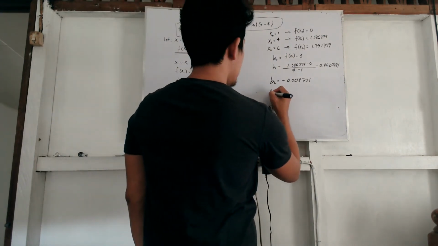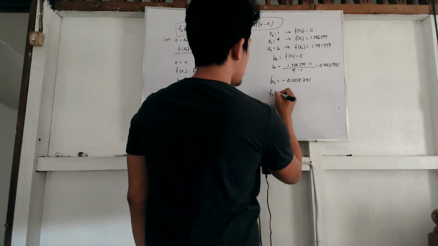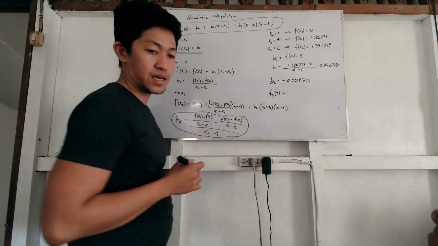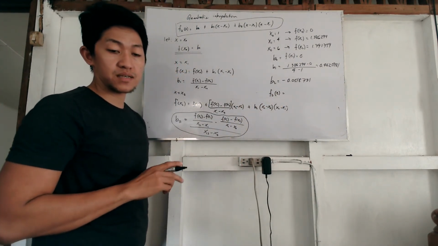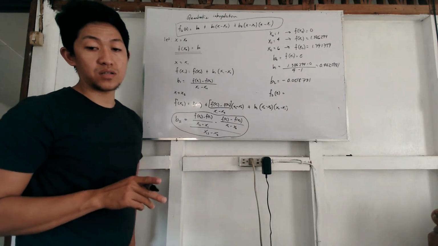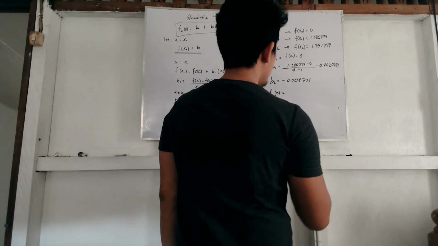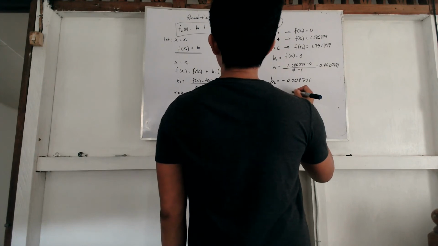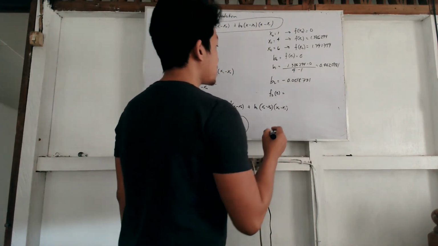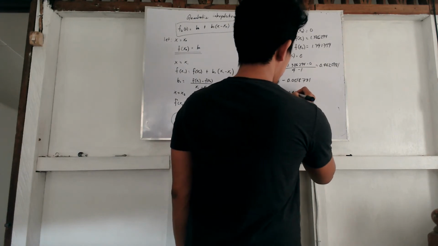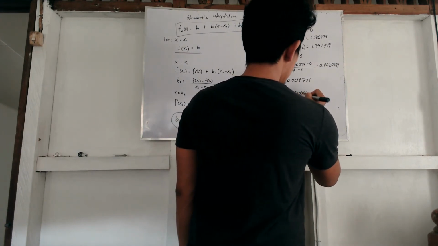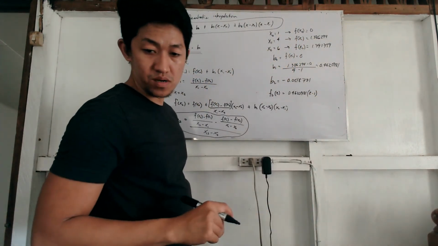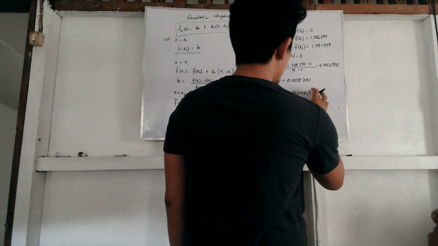Okay, and then after that one, we will substitute all these coefficients in the general formula. So you have f sub 2 of 2, meaning subscript 2 means second order interpolation or quadratic interpolation. You have b0, which is 0, plus b1, which is 0.4620981 times 2 minus 1, which is 1. Okay.